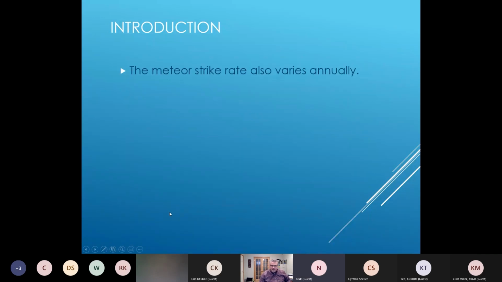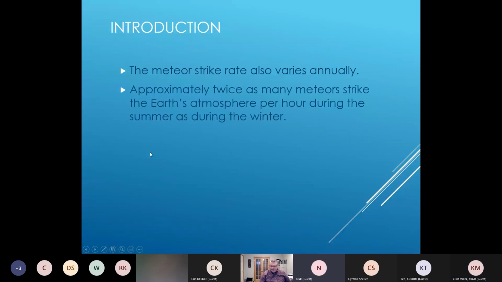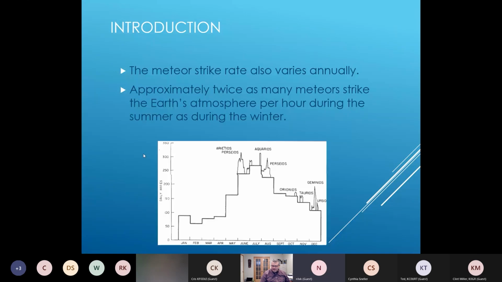Okay, going a little farther along, the meteor strike also varies annually, and about twice as many meteors strike the Earth's atmosphere per hour during the summer as during the winter. That shows up on this particular slide here.